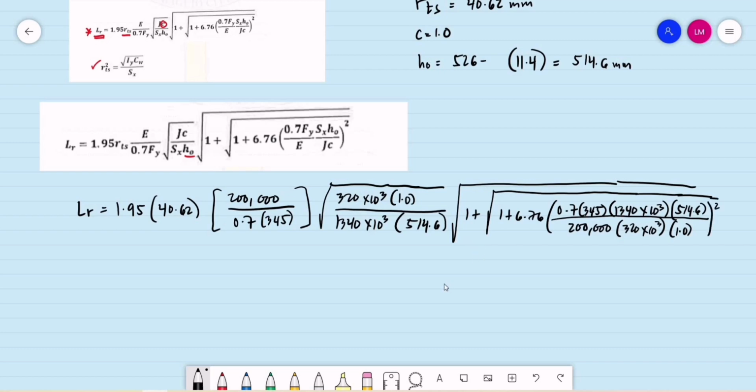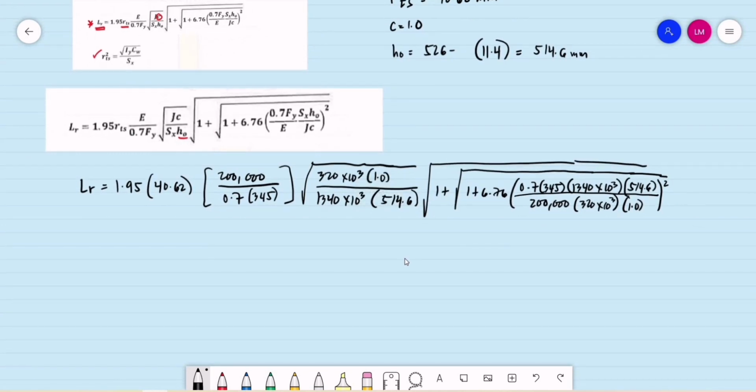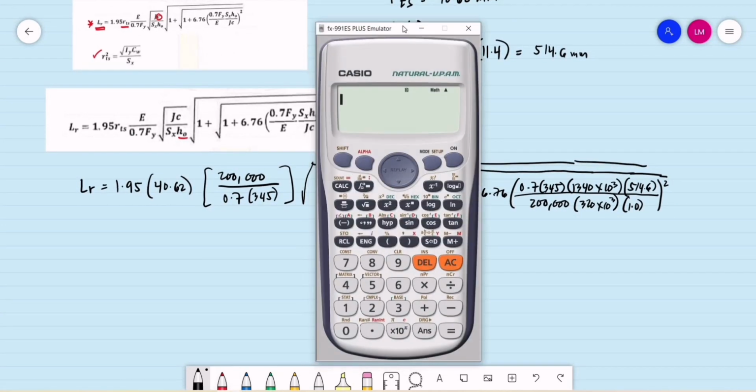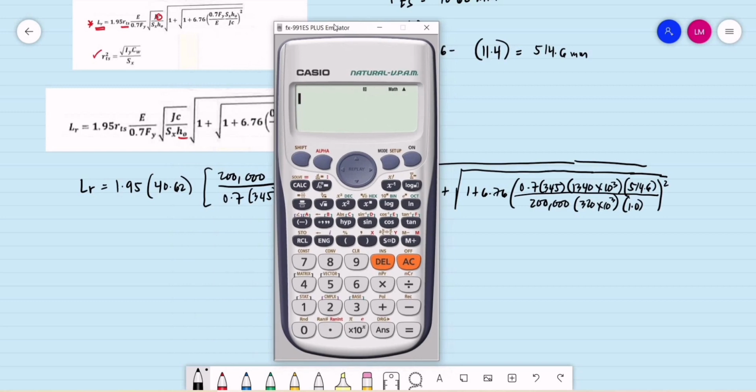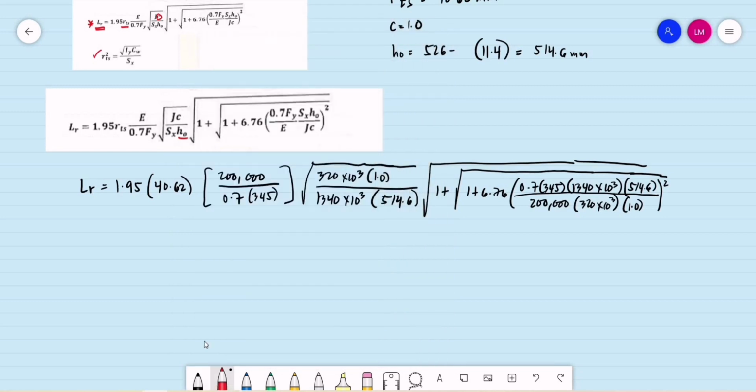So let's have the value of L sub R. Let's have first this term.